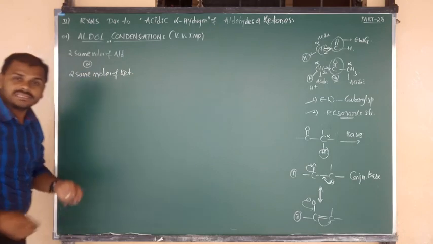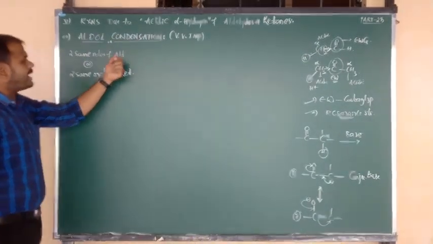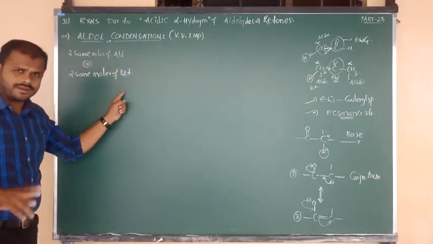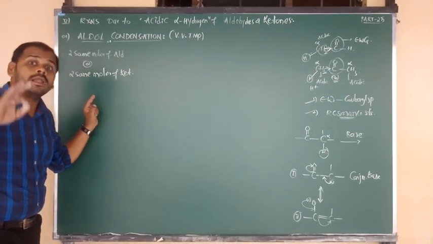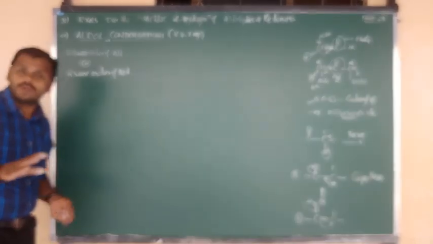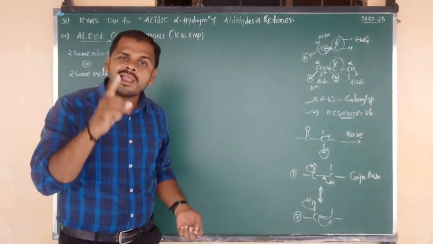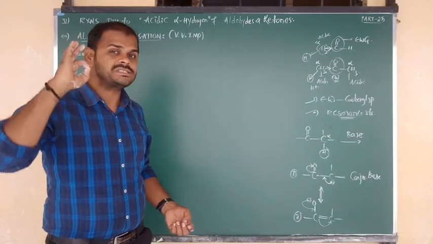Ketones. But here one condition should be applied. Maybe aldehyde, maybe ketone, whatever the example may be, in that aldehyde and ketone we take two moles, and they must be the same. And the aldehydes or ketones should contain at least one alpha hydrogen atom. At least one alpha hydrogen we must require.